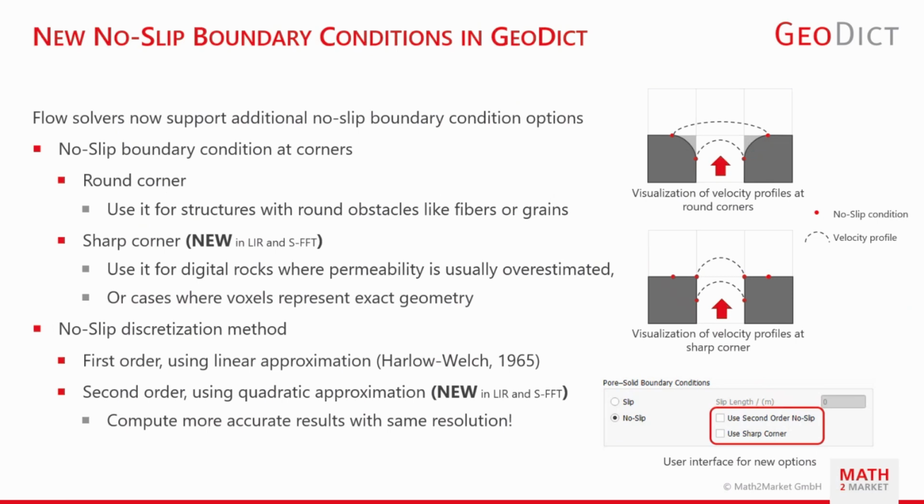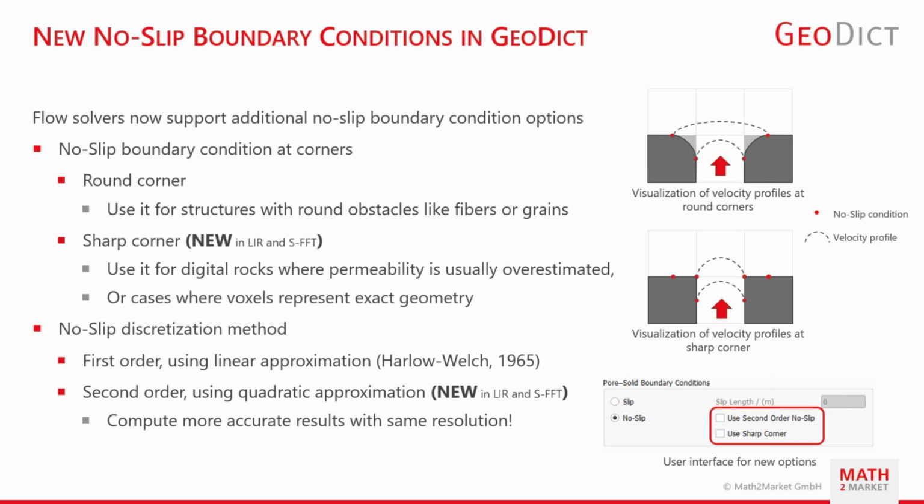So now I come to a different topic. Another way to increase the accuracy is to do something with the numerical scheme. And one thing that governs the computed permeability is the no-slip boundary condition. And the no-slip boundary condition can be implemented in different ways.